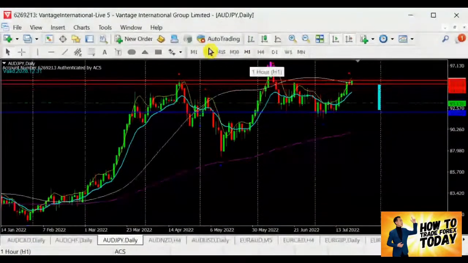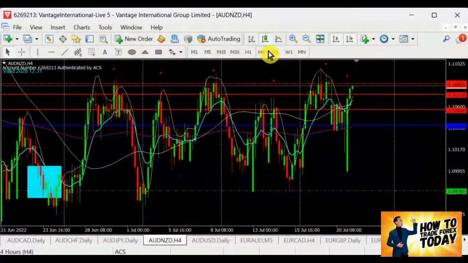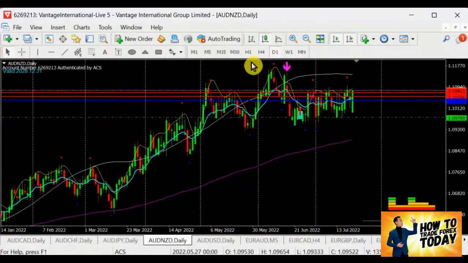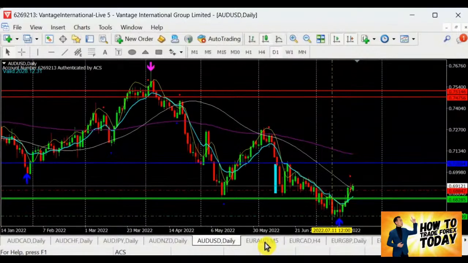Aussie Kiwi is also on the bull side right now, so I'm not going to touch it. So for all the buyers, you can take note of these Aussie pairs. I think it's on your side now, so definitely not on our side.